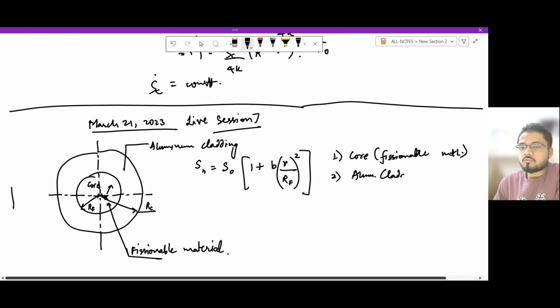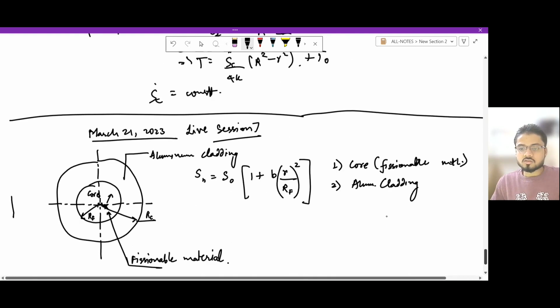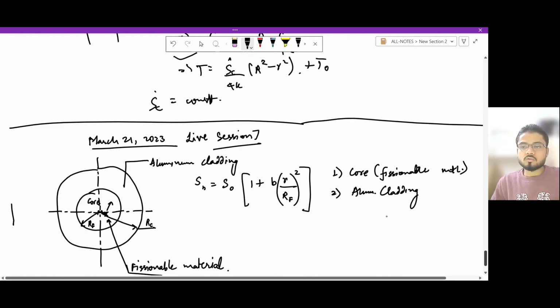So there are basically two temperature distributions that you need to solve for, 1 and 2. In 2, S is identically 0. So you do not have any sort of thermal energy generation inside the cladding, but you have something non-zero inside the core.